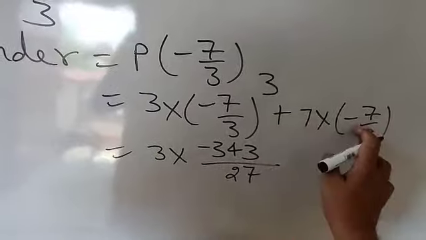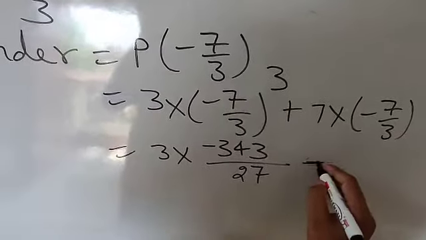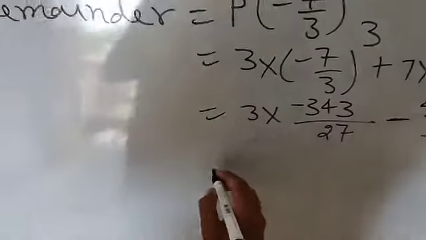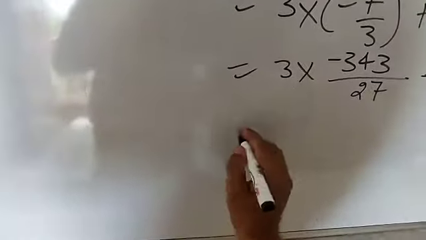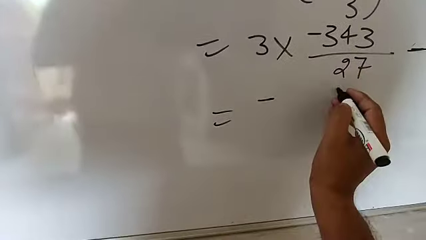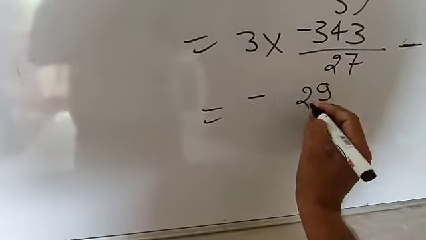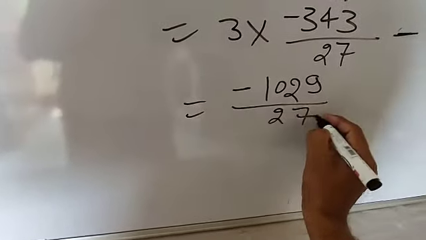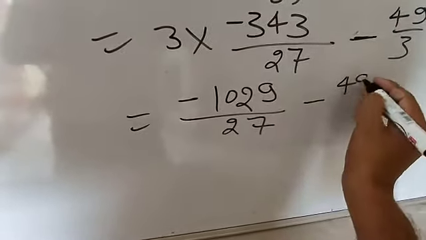Here plus 7 into -7 is -49/3. Now you calculate: 3 multiplied, so 3 9s are 27, 3 4s are 12, 3 3s are 9, 1 carried makes 10, upon 27, minus 49/3.